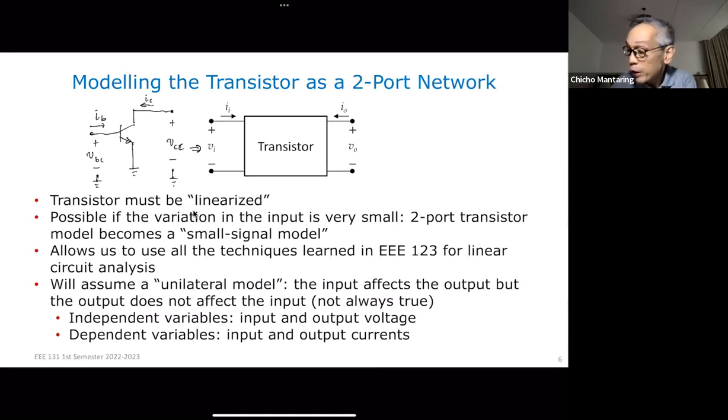Okay. Now, because this becomes linear, magagamit ngayon ninyo lahat ng techniques na pinag-aralan nyo sa EEE 123 for linear circuit analysis. Just imagine a complex transistor circuit with many transistors, and try to analyze that circuit with the large signal model, that is with the exponential model of each of the transistors.